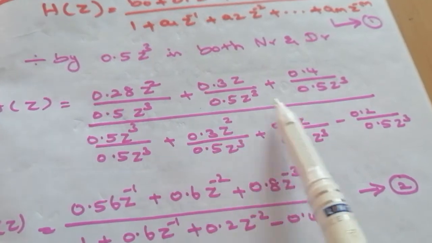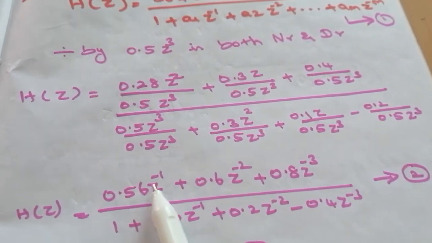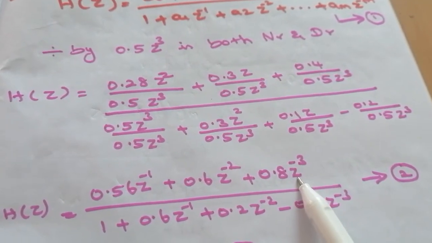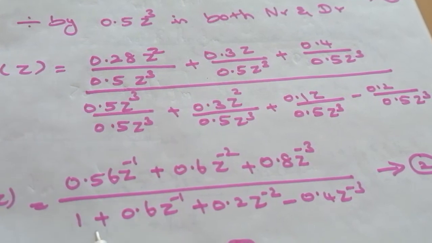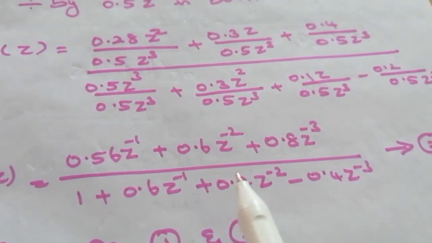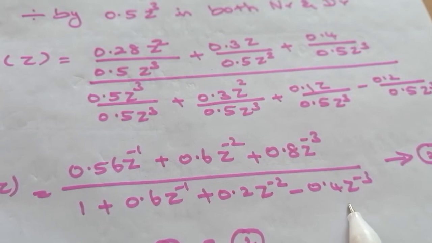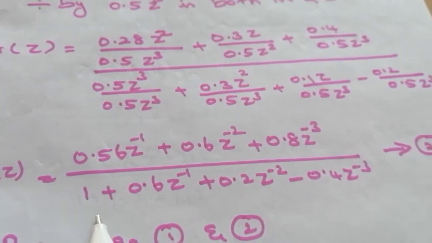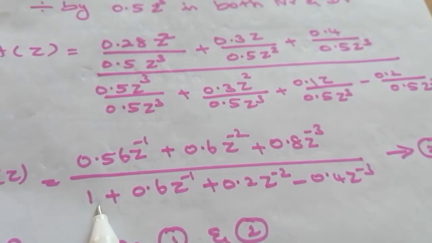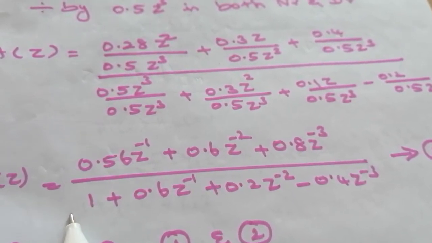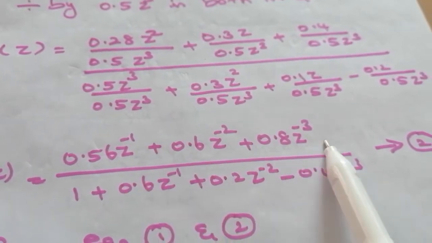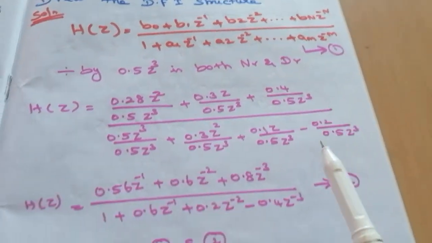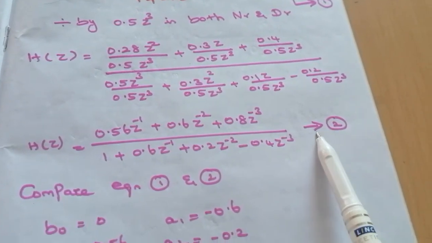Now dividing these individual terms, we get 0.56 z power minus 1 plus 0.6 z power minus 2 plus 0.8 z power minus 3 divided by 1 plus 0.6 z power minus 1 plus 0.2 z power minus 2 plus 0.4 z power minus 3. So this equation is equal to the general equation, that is, the denominator starts with 1 and the z powers are in the negative series.